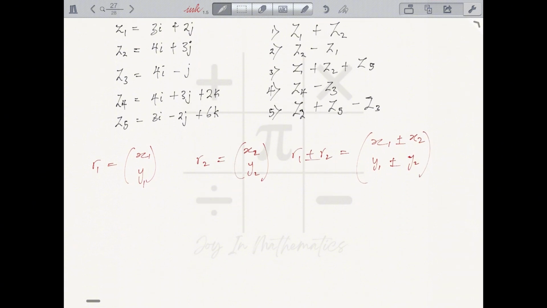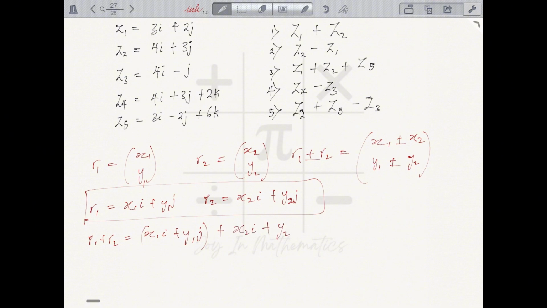Now, if we convert r1, which is x1, y1, to i and j components, that's x1i plus y1j, and r2 will be x2i plus y2j. Now if we apply this, such that we want to add these two vectors together, r1 plus r2 is equal to x1i plus y1j plus x2i plus y2j.